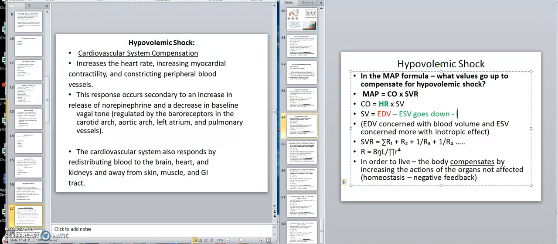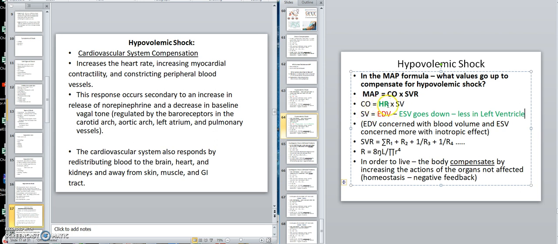Less left in the left ventricle. Now, if that's the case, if EDV goes down and ESV goes down, then SV will stay close to the same, perhaps. It won't go down that much. Think of the math: if you go down less than the tank, then you'll stay fairly decent. So then you won't affect cardiac output as much.